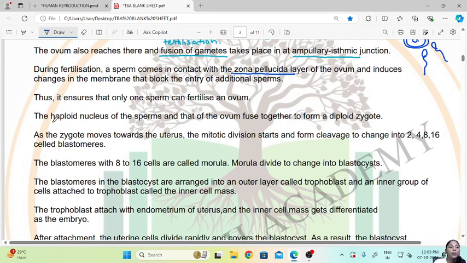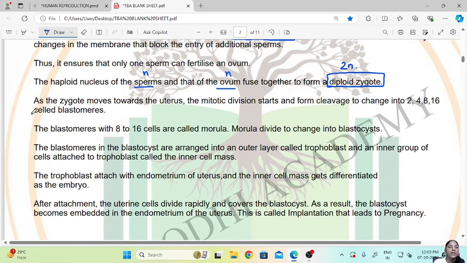Then the haploid nucleus of the sperm and that of the ovum fuse together to form a diploid zygote. That is, the sperm and the ovum are N, whereas the zygote is 2N, that is diploid. Then as the zygote moves towards the uterus, the mitotic division starts and forms cleavage, changing into 2, 4, 6 and 8 celled blastomeres.